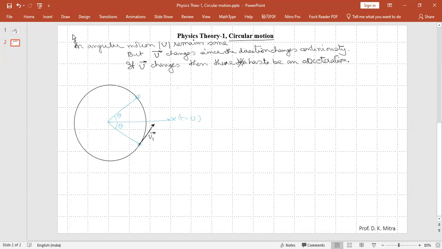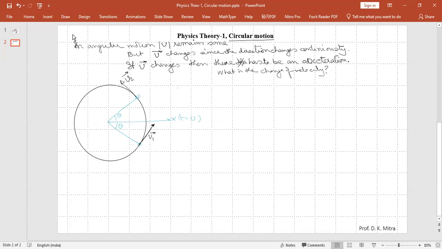And velocity vector here is v2. So what is the change of velocity?